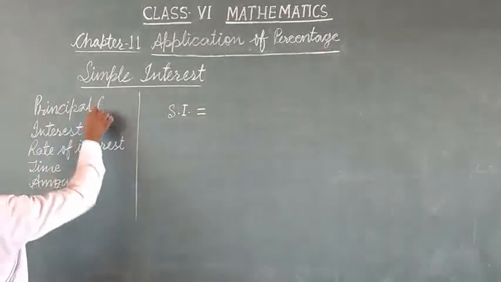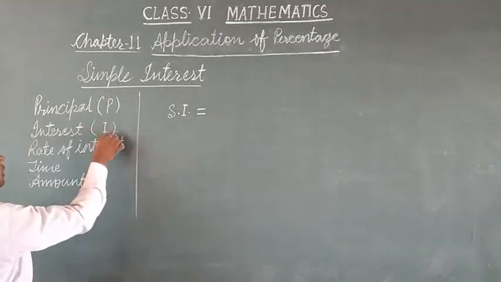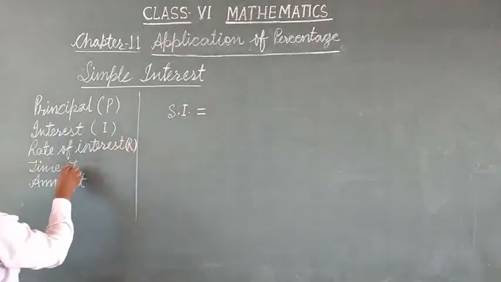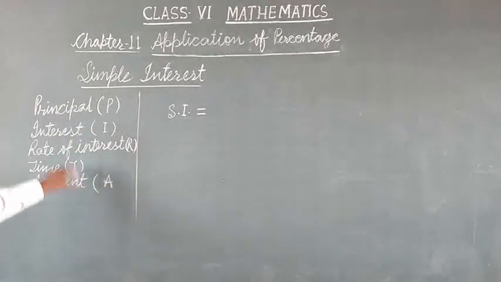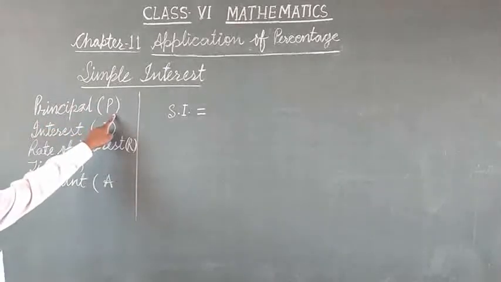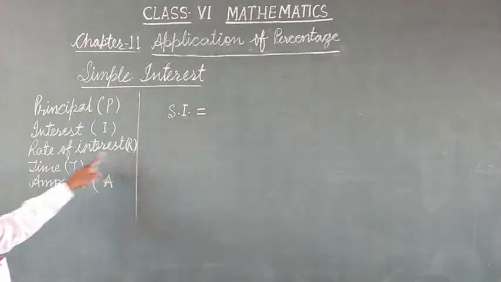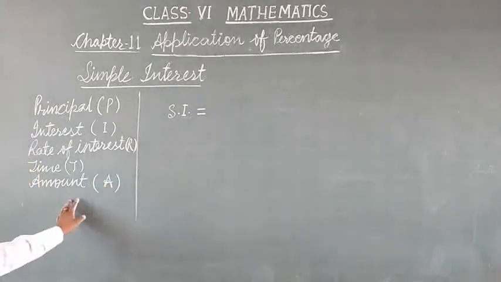We write principal with P, interest with I or SI, rate of interest R, time T, and amount by A. So these are the notations we have to use.